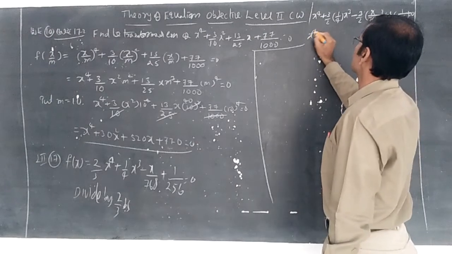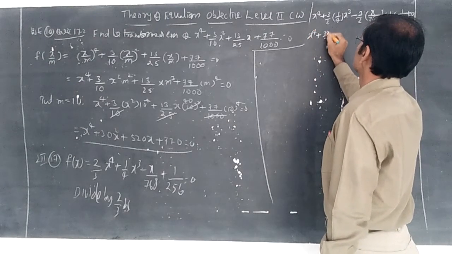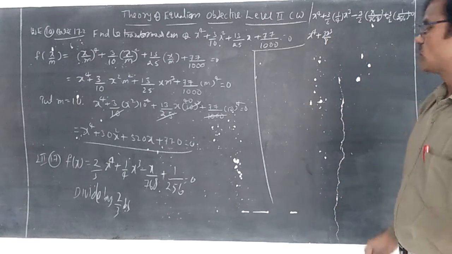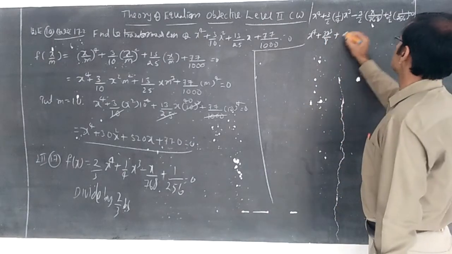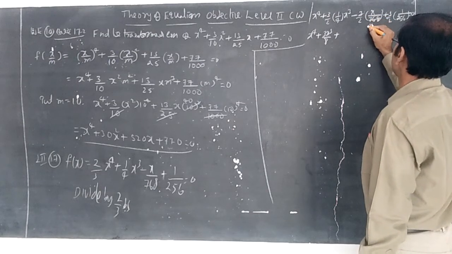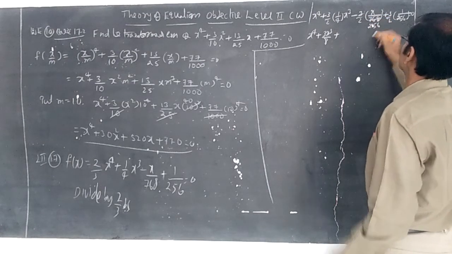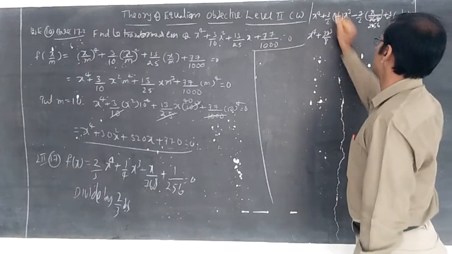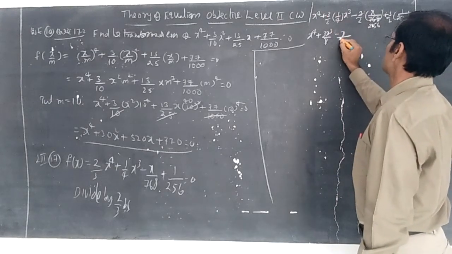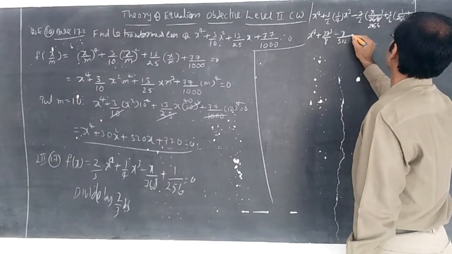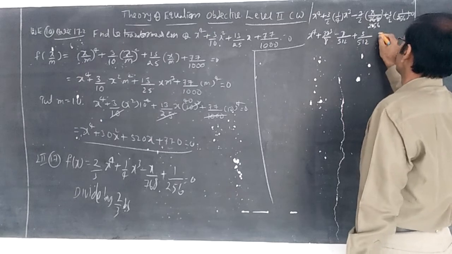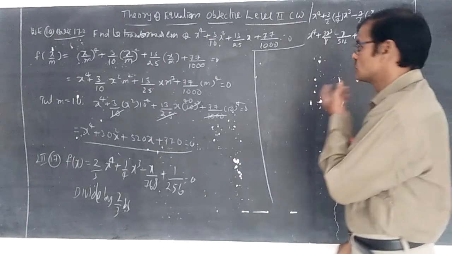So x power 4 plus this can be written as 3x cube by 8, plus this 3 will be dividing 256 times. So it is minus x by 512. This is plus 3 by 512 equal to 0.